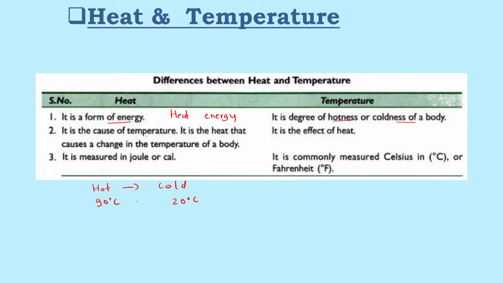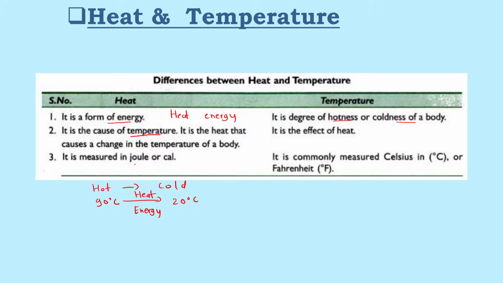So there is a temperature difference, and heat energy is going to move from the higher temperature region to the lower one. So we know that the more the heat energy flow, the more the temperature, and the less the heat energy flow, the less the temperature.